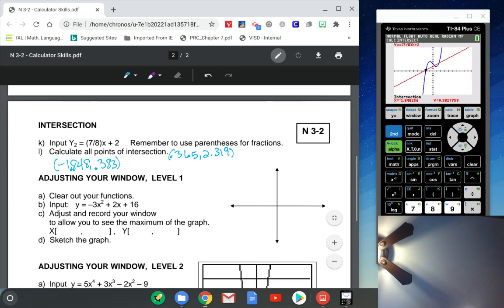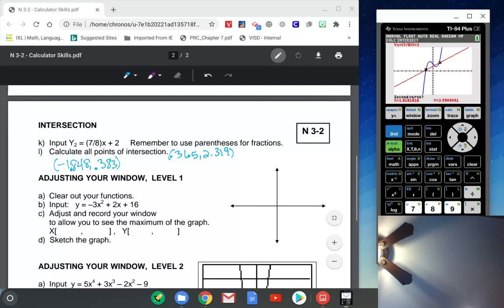All right. And then our last point of intersection. So one more time, second, calculate the intersection, number 5. This time I'm going to go ahead and hit enter, and let's just say we kind of forgot to slide our cursor. You can do that on the second curve as well. This time it's just going to move along the line. But I need to move my cursor close to that last intersection point, which for me is that top one, before I hit enter and then guess.